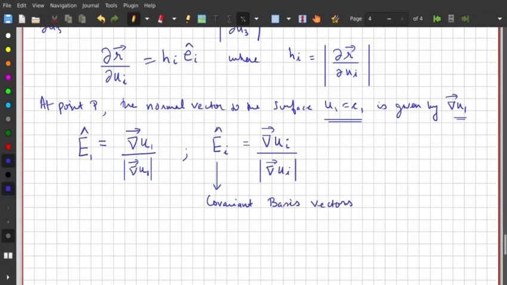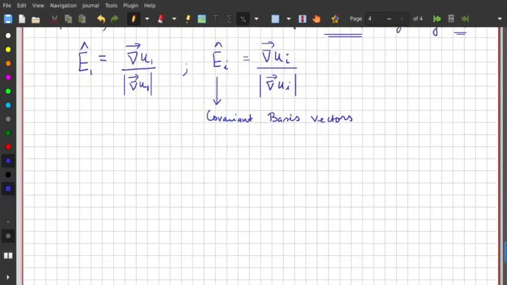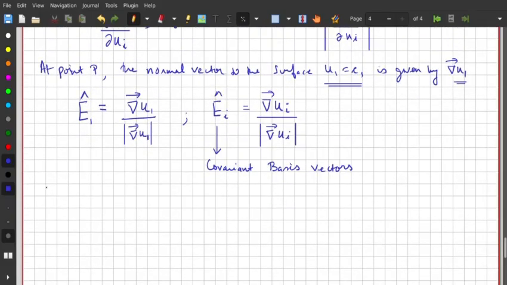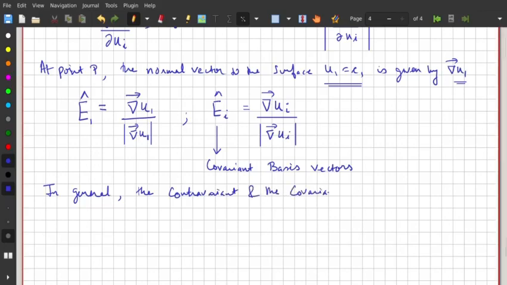In general, the contravariant and the covariant systems are reciprocal.